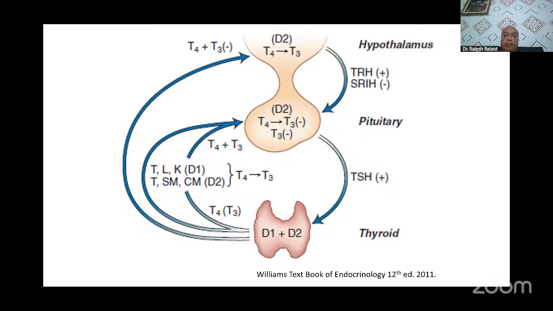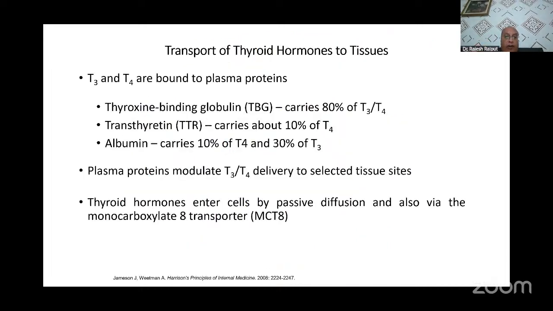Now, why is it important to know? Because when we will be seeing various medical conditions or various thyroid function tests, sometimes these deiodinase enzymes are responsible for causing alteration in thyroid levels.